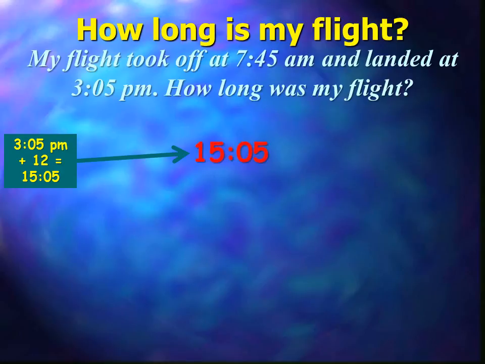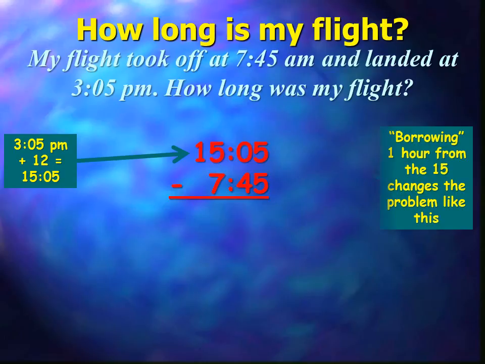When we subtract our starting time, which is 7:45 hours, we can do this quite easily. However, if you're noticing, there is a problem. We're subtracting 45 minutes from 5. This is impossible. So we need to borrow or regroup 1 hour from the 15 hours.